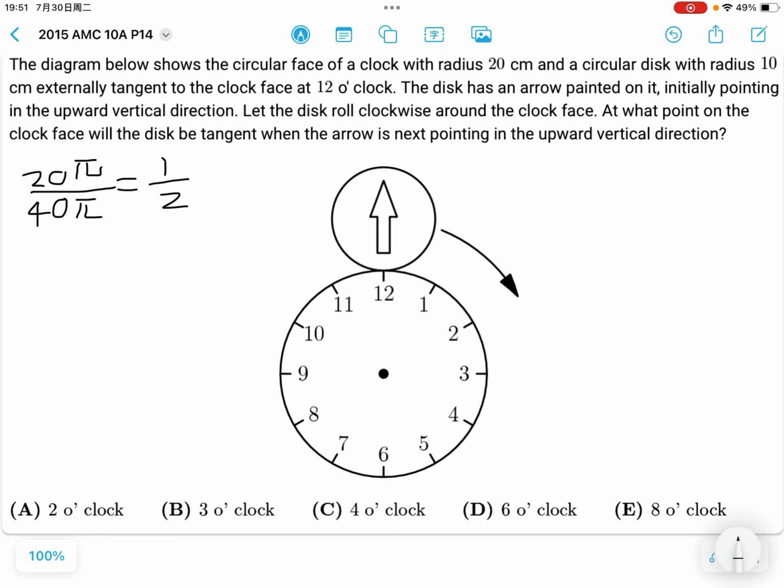So all we want to know is when is the next time that my tangent point changes, and my arrow is still facing upwards, my disc doesn't change. That's a different question to when does my circular disc complete a full rotation of 360 degrees.